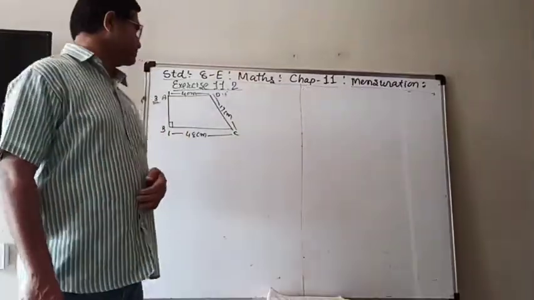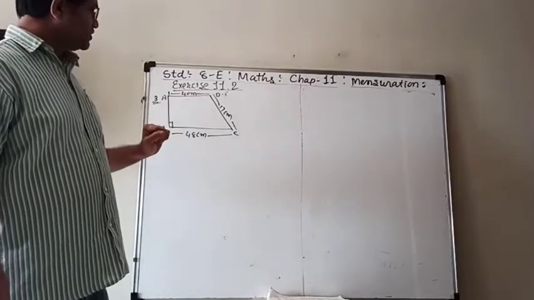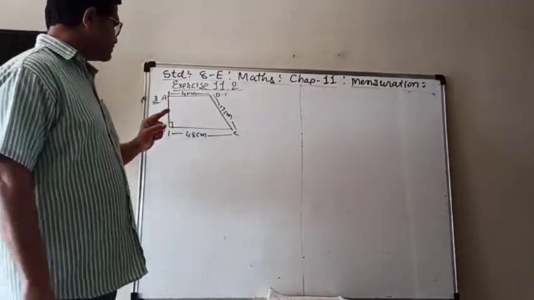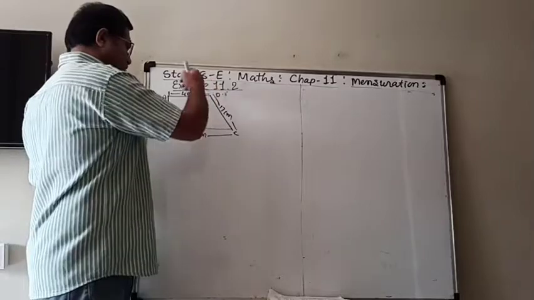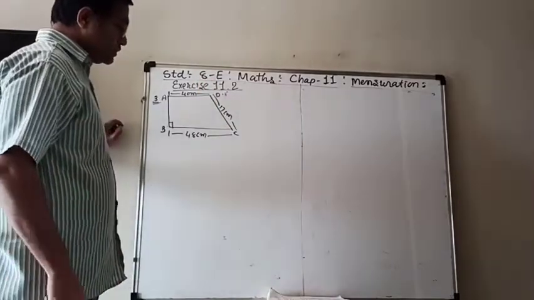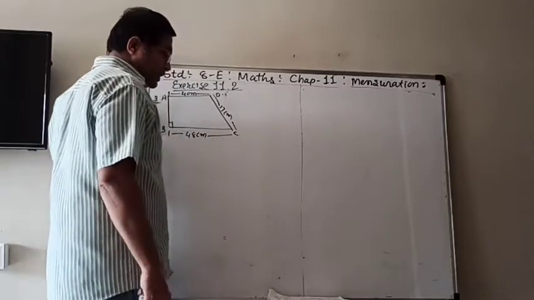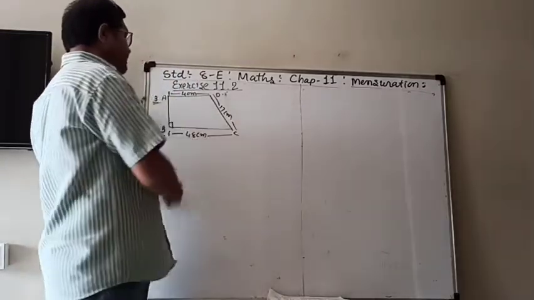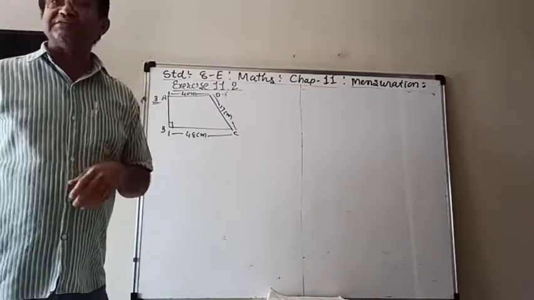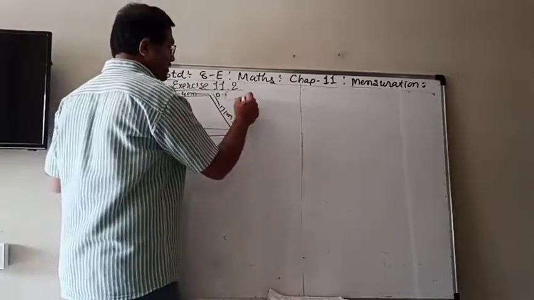And third question. Here it is a figure in which the field is in the trapezium shape, and 3 sides are given and the length of the fence is also given.